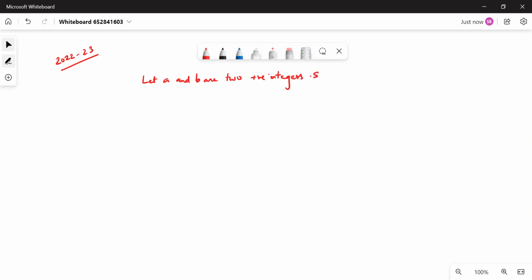such that A is equal to P cube into Q power 4 and B is equal to P square into Q cube, where P and Q are primes.